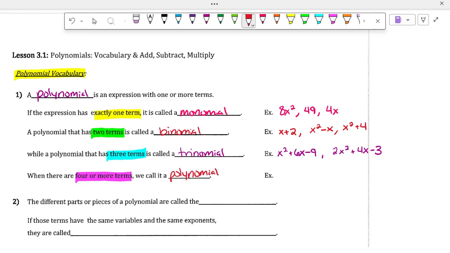Because does anyone know what the root poly means? Many. Good. So an example of that would be 3x cubed minus x squared plus 4x minus 2. All right, so that's actually a cubic function, which you guys will learn about in Math 3.